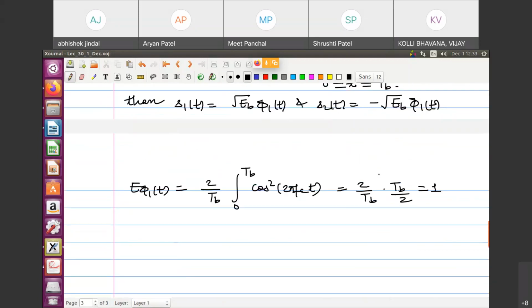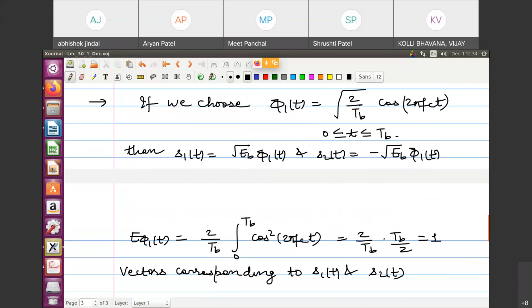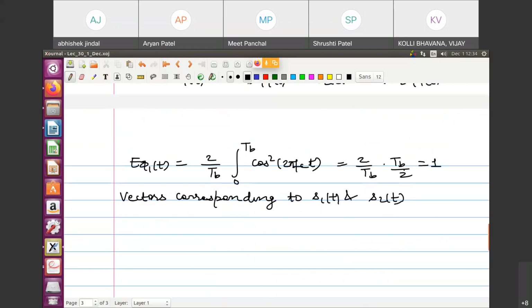Okay. Now what will be the vectors corresponding to S1(t) and S2(t)? You can clearly see from this, since it is a one-dimensional space, S of 1,1 would be root of Eb and S of 2,1, why?